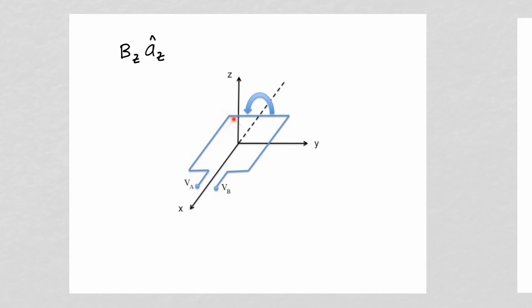We have a coil whose axis of rotation is along the x-axis, and there is a magnetic flux density field in the z direction. So as the coil rotates, the amount of magnetic flux going through it is going to vary.